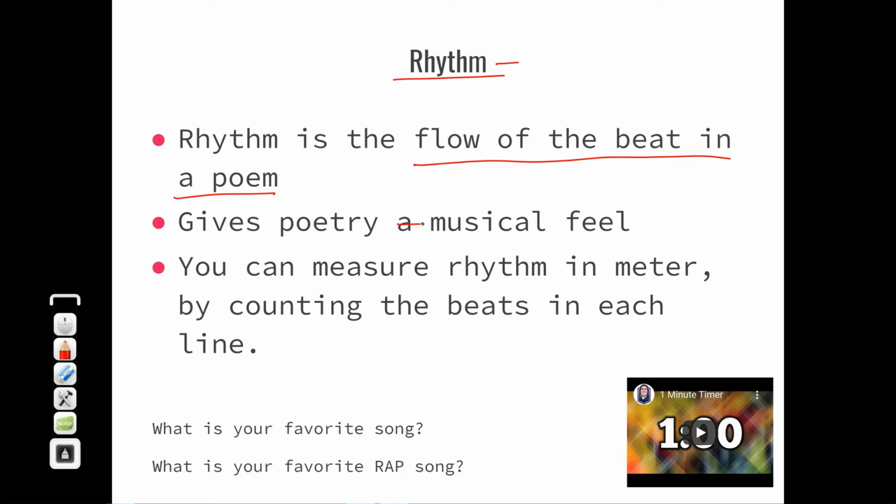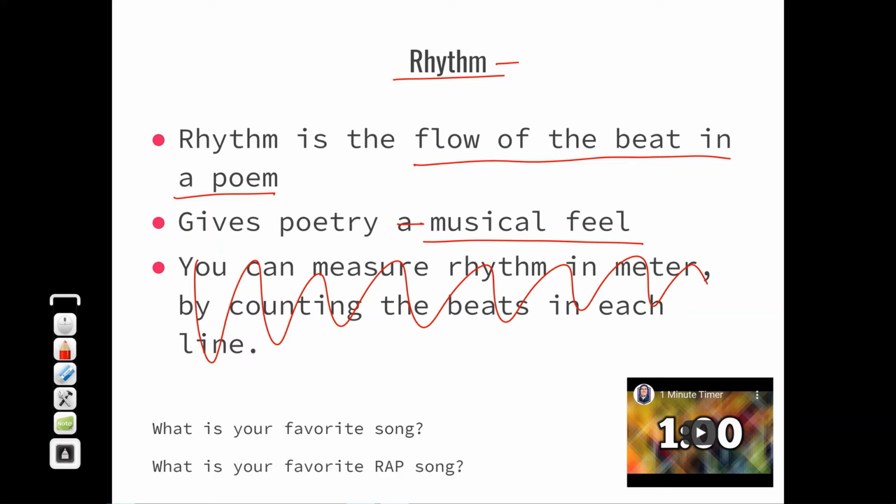You could also bullet point underneath that musical feel, because rhythm gives poetry that musical feel. You do not have to write this down, but you can measure rhythm and meter by counting the beats in each line. That's good to know, but you won't need to apply that at least this year.